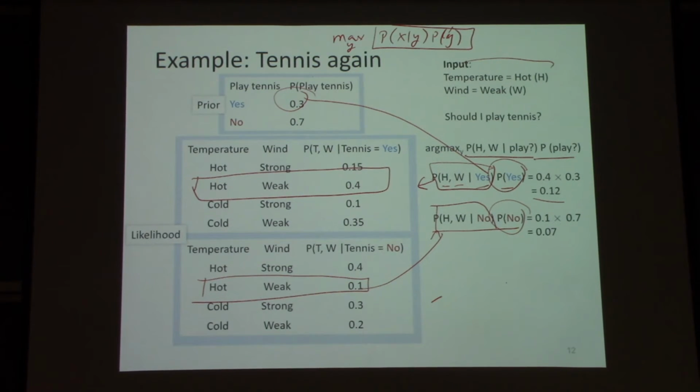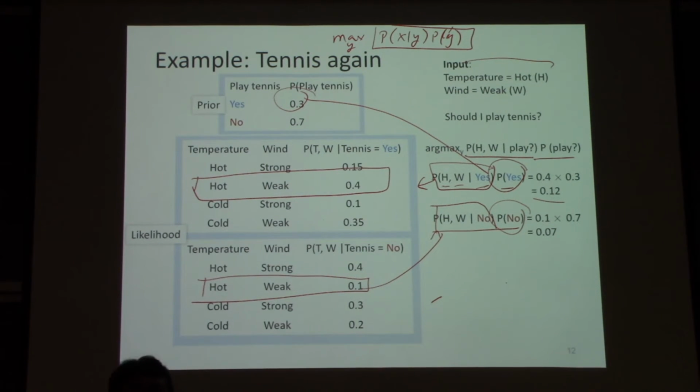This is how maximum a posteriori prediction works. In order to do maximum a posteriori prediction, we need both these tables. In other words, all these 10 numbers together here constitute our hypothesis space. The job of learning is to fill in all these entries. Once you have all the entries, you can mechanically predict.